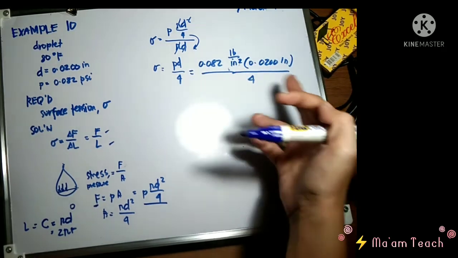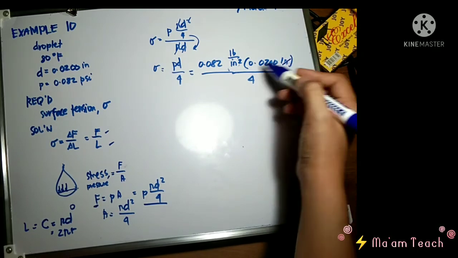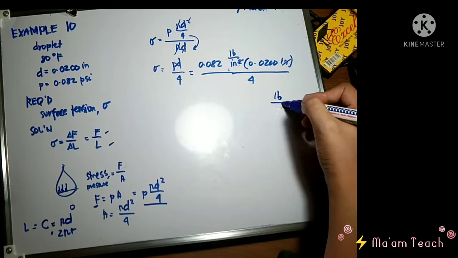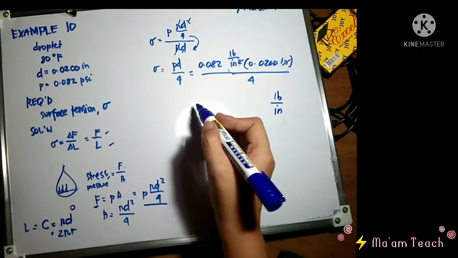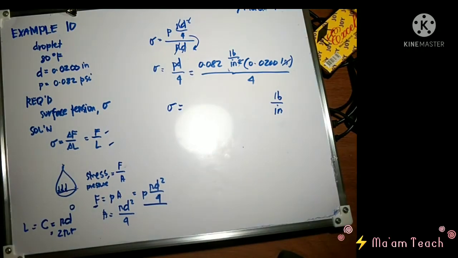And from that, we'll be able to cancel out inch here, and your unit will become pound per inch.